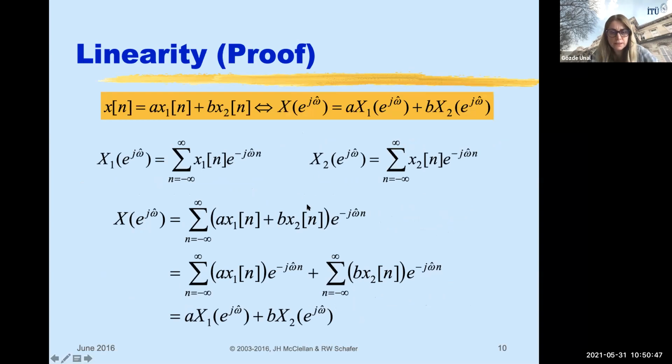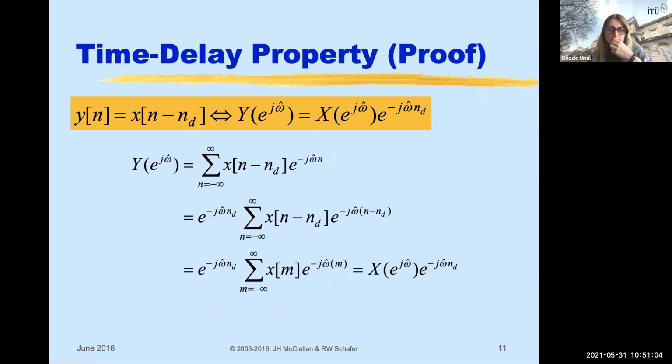Linearity is straightforward to prove. Insert this superposed input signal into the definition, and you'll find the superposed Fourier spectrum. Just remember, this transform is linear. This next one we can do as an educational side.